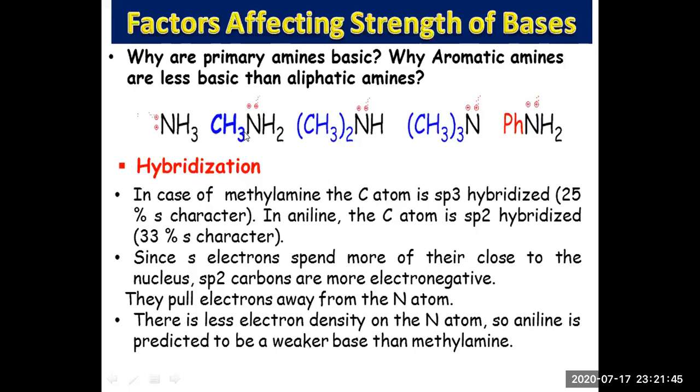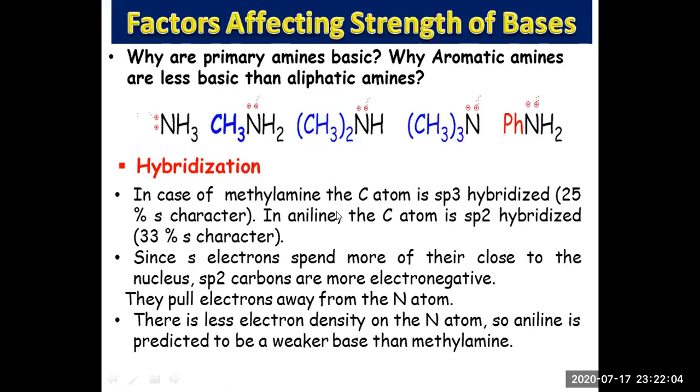Now there are various factors responsible to increase the basicity. Let us see one by one. The first one we are going to talk about is hybridization. As we know, carbon undergoes three types of hybridization: sp3, sp2 and sp.